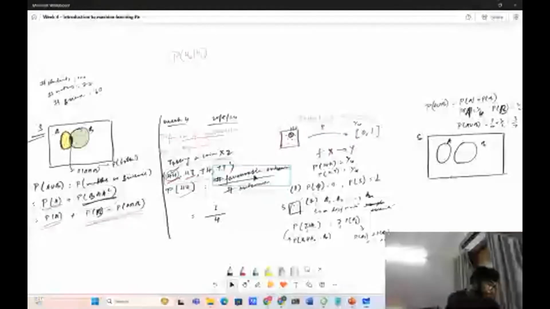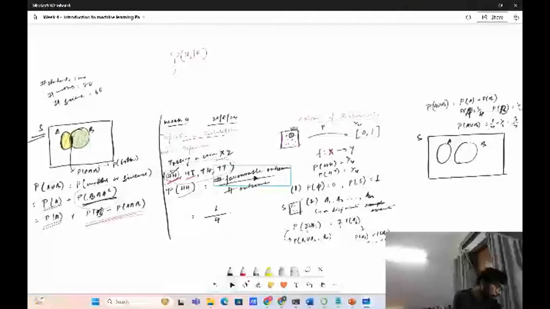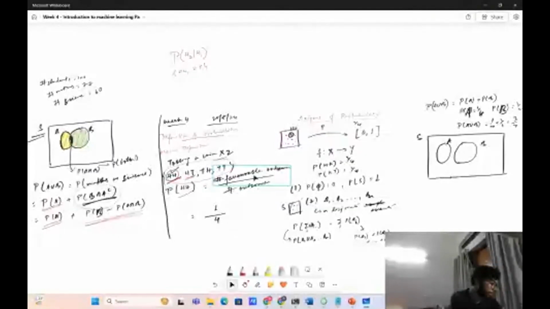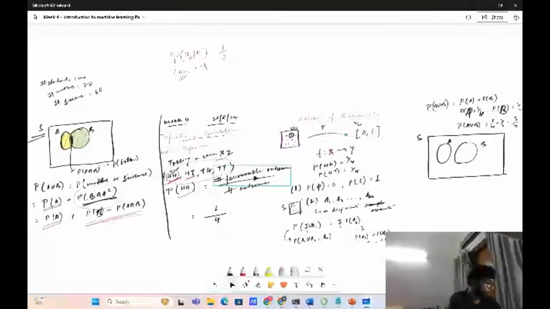So your sample space is now reduced to only these two values. Between these two, you want to calculate the probability that the second also shows heads. So only this is your favorable outcome. So 1 by 2. Out of 2, you have only one favorable outcome.